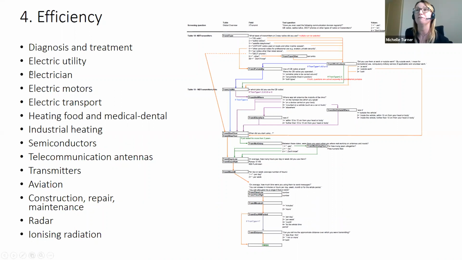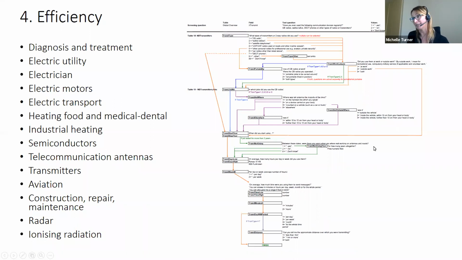So for example, this is an example of communication devices. So if you had ever used different types of radio communication devices at your work, if you answered yes, then you were automatically asked these more detailed questions in this module, and there were all these different modules here.